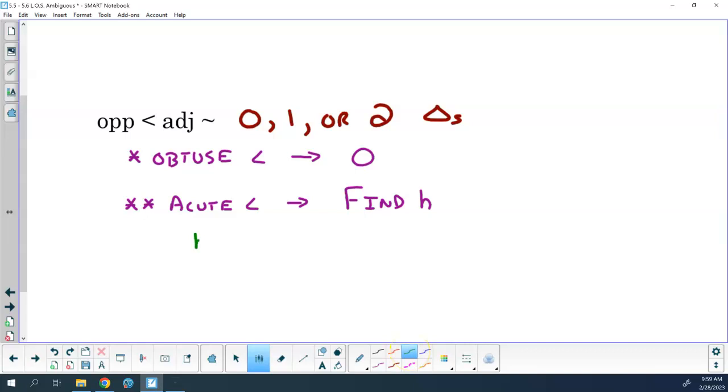So if H equals the opposite, then it's 1 right triangle. If H is bigger than the opposite, then it's none. But if the opposite is bigger, then it's 2.